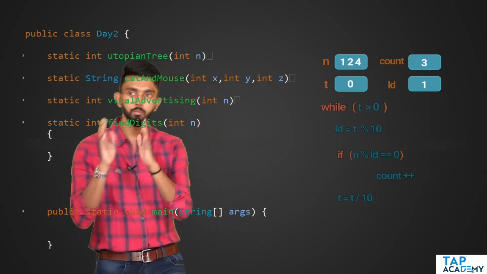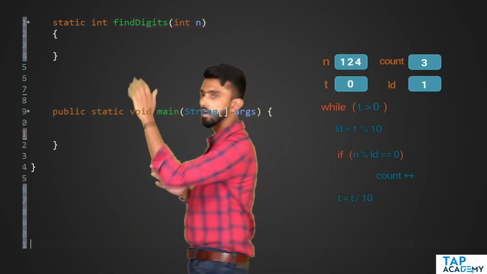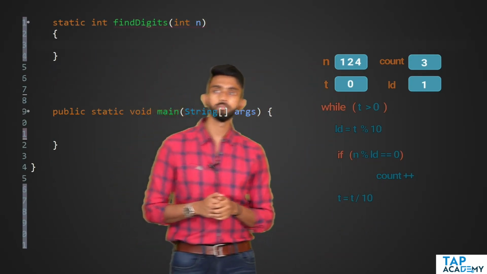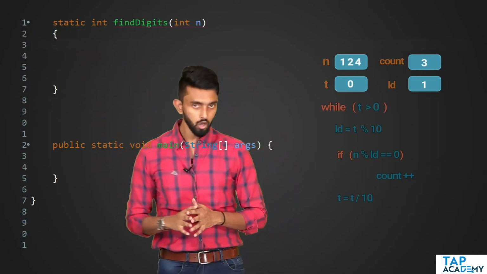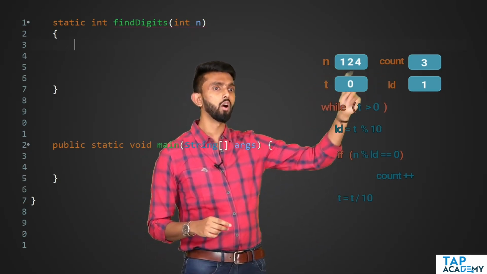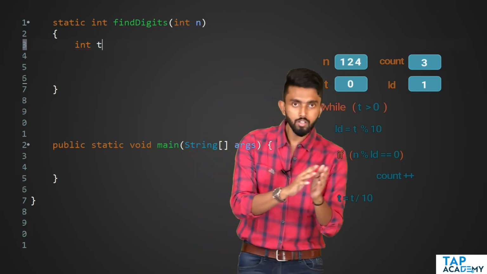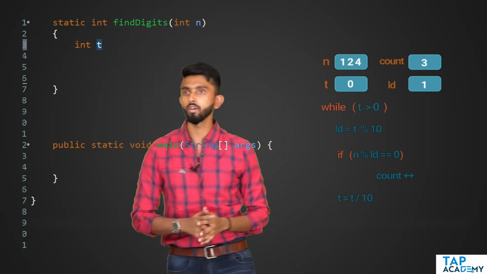I'll come inside. Beautiful. Now here I am going to start writing the logic. So the logic is quite simple. Same logic I will write. N we already have, we need count, t and ld. So I'll first write int t, and whatever is the value of n, I will assign it to t. Initially whatever is the value of n, I'll assign it to t.